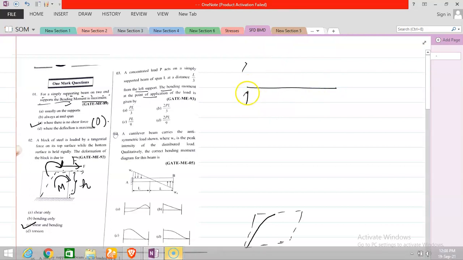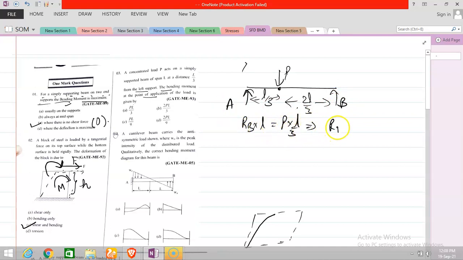Suppose you have a concentrated load P acting at L by 3 distance from the left support, and it is 2L by 3 from the other end if the whole length is L. You need to find the bending moment at this point. First of all, we will find the reactions. Suppose this is A, this is B. So RB into L is equal to P into L by 3. So your RB is equal to P by 3 and your RA is equal to 2P by 3. First of all, the reactions are this, and then we need to find the bending moment.